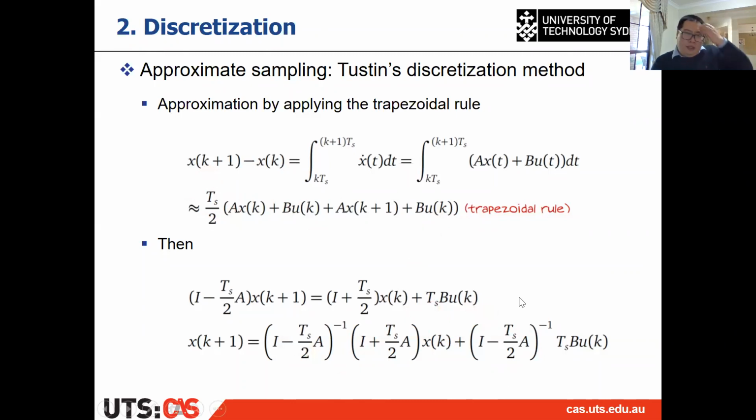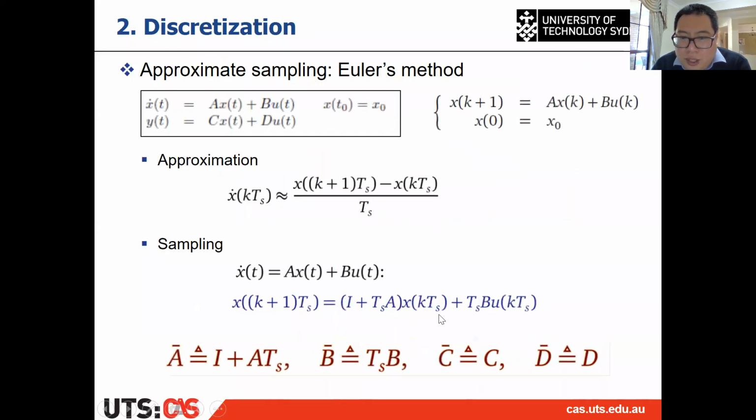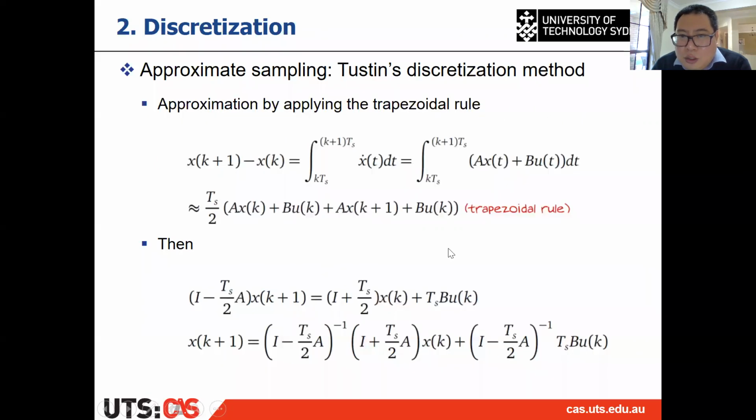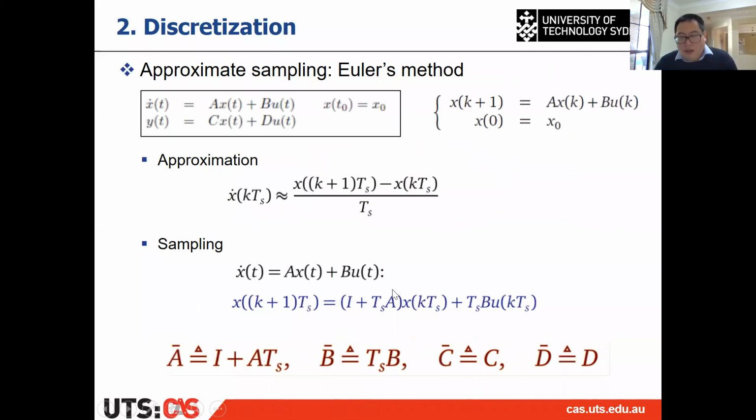So there are two ways to do the discretization, which means there are two methods that you can use to convert the linear continuous time system to the linear discrete time system. But from the two results, you can see the discrete time systems converted by the two different methods are different, so the systems are different, right? Why is that?